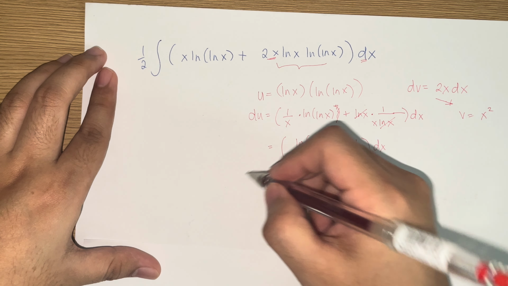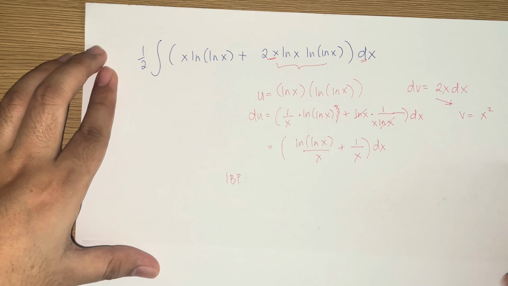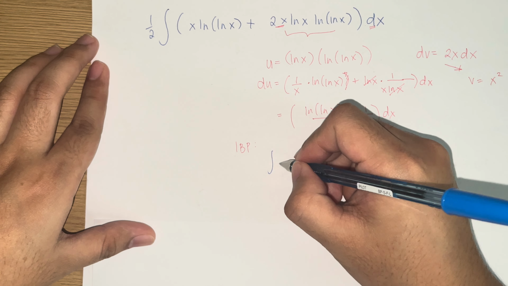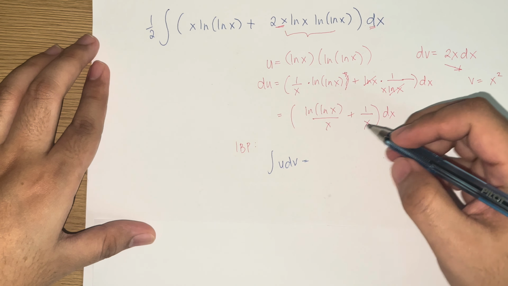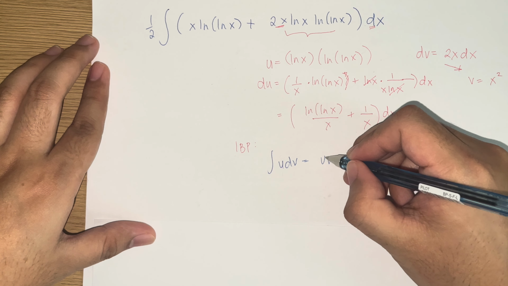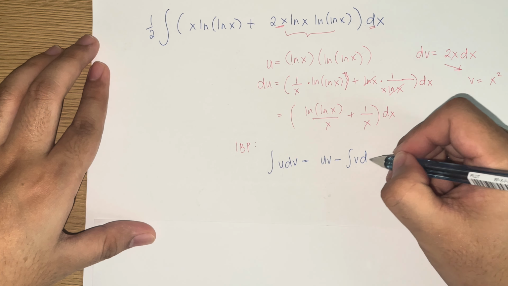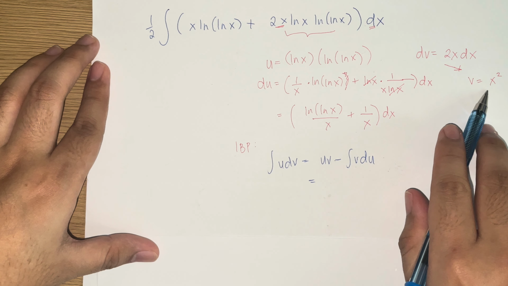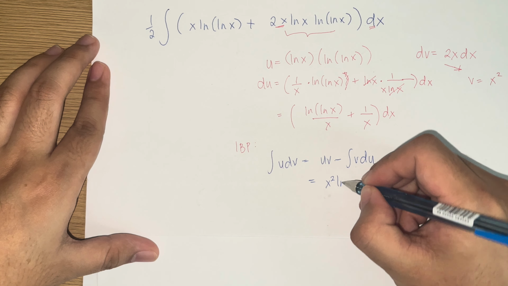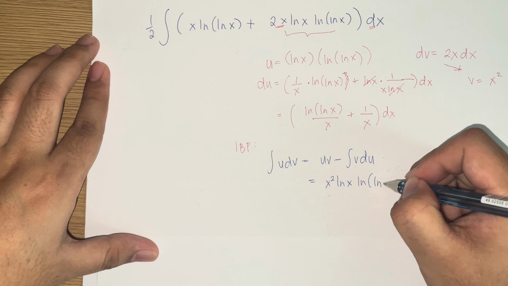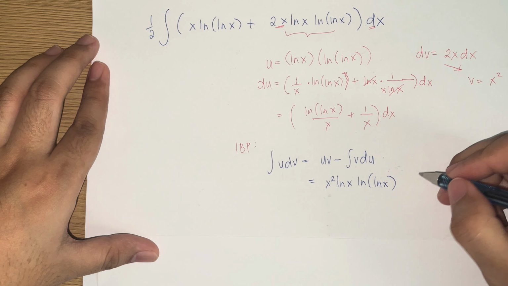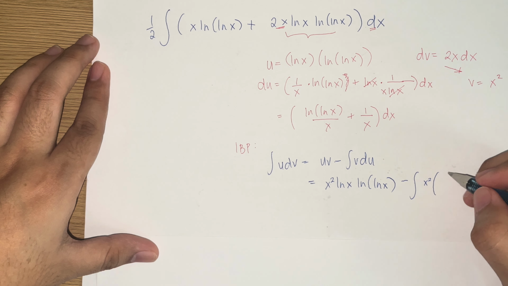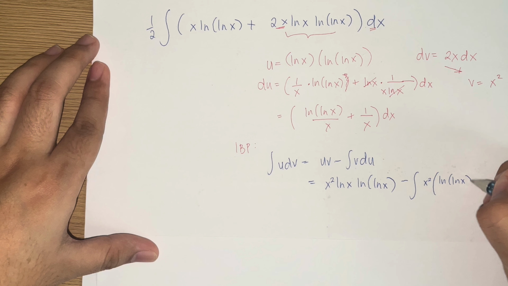So by integration by parts, IBP, we have the integral of u dv equal to uv minus the integral of v du. So uv is x squared ln x times ln of ln x, minus the integral of v, that's x squared, times ln of ln x plus 1.